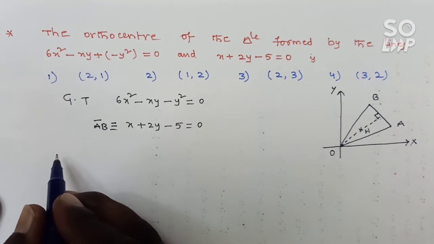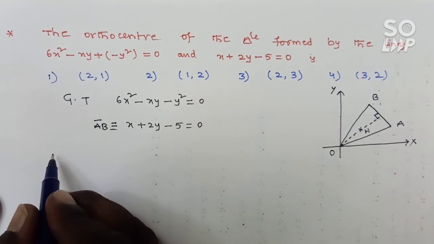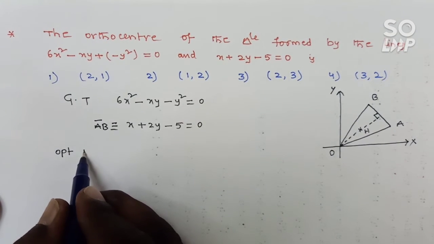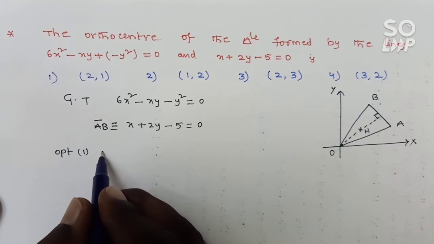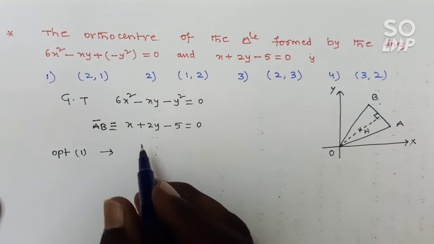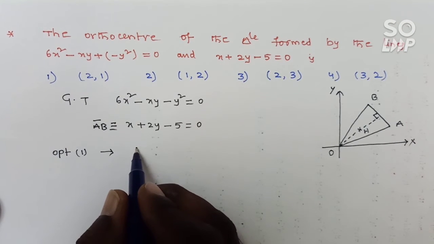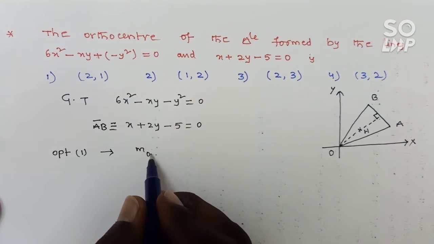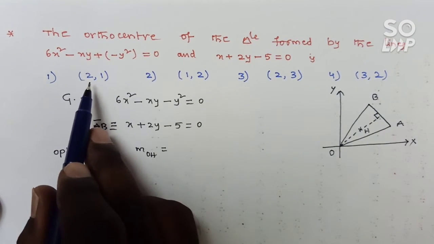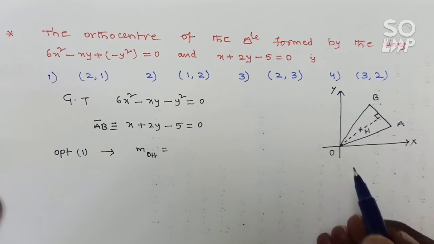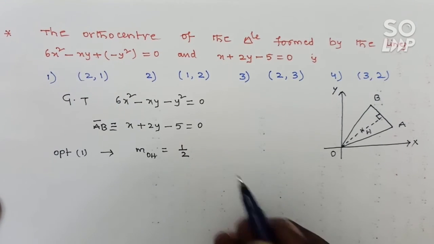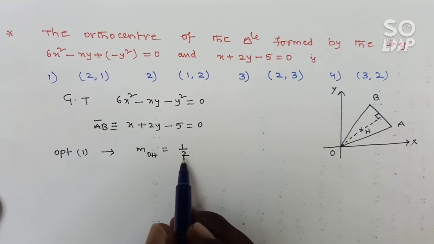Now see this. Verifying option 1: the slope of OH, with H as (2, 1) and O the origin, is 1/2.